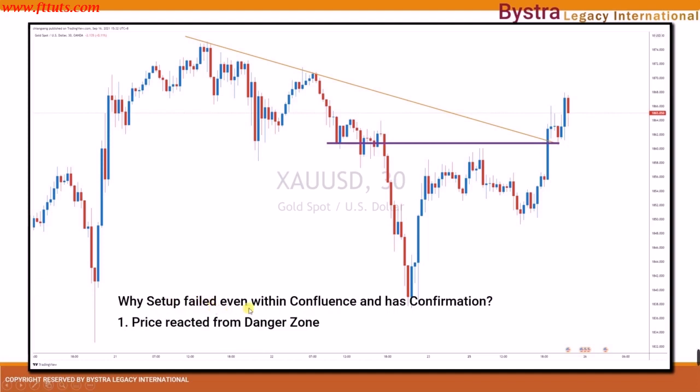Why did the setup fail even with confluence and confirmation? Because price reacted from the danger zone, and it is also a very late retest. Price, instead of coming all the way down, should just come somewhere around here, react a little bit, go up, pull back, take this order and continue down. Then it will be much safer that way.